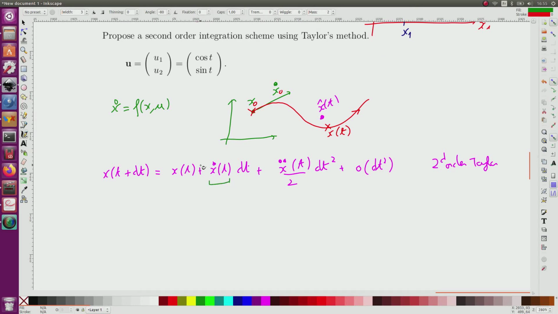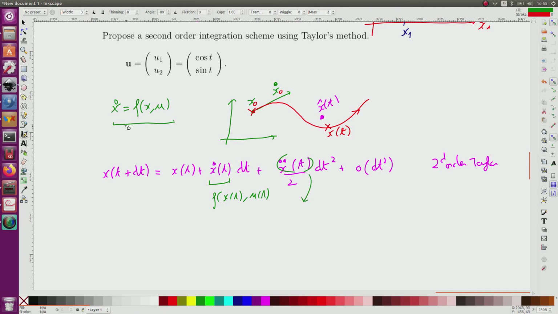Now this one, due to this relation, is equal to f of x of t u of t, and this one.